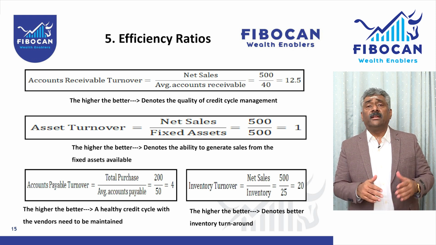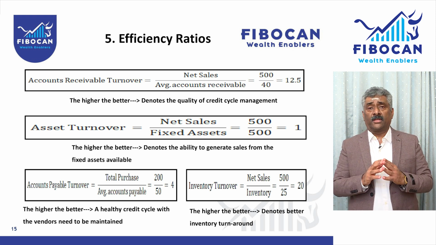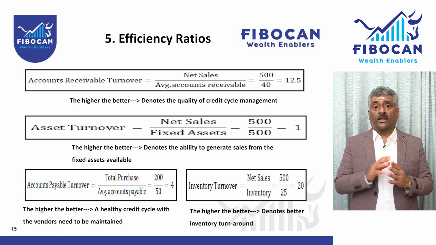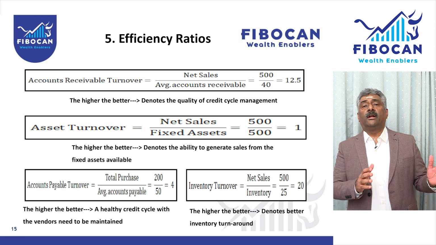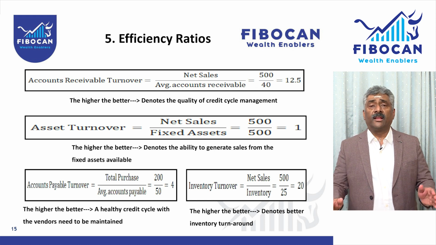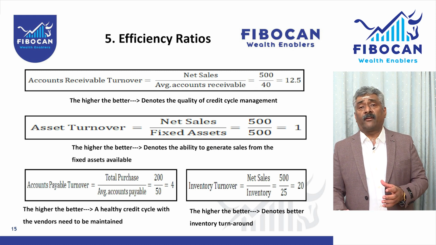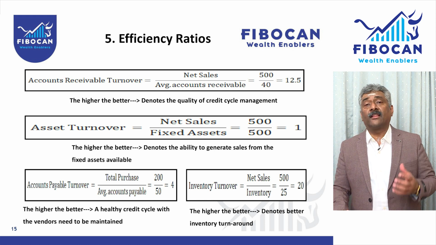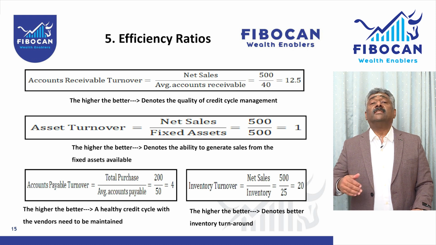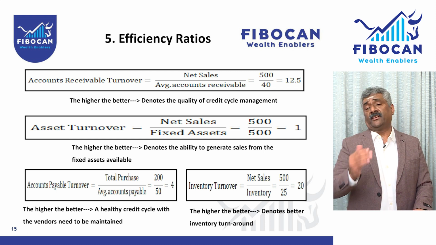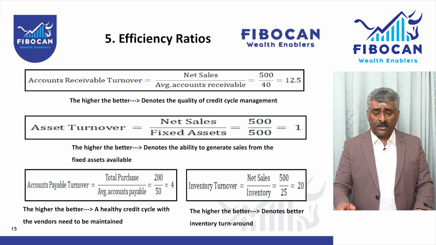Suppose the college, instead of classes from 10 to 4, decides to have 2 batches, one from morning 7 to 2, another from 2 to 8, something like that. That means they can induct another 50 students and earn another 50 lakhs with the same assets. So, this is a classic example of generating more sales with the same fixed assets, higher the better.